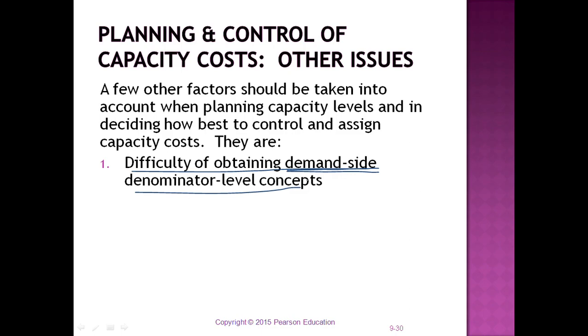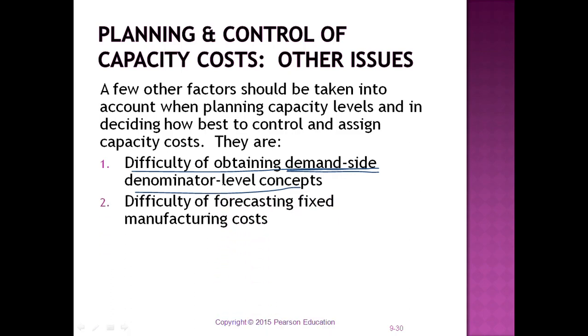So it is very difficult to obtain the demand side denominator capacity, and also it's very difficult to forecast how much is going to be the fixed manufacturing cost per unit or the total fixed manufacturing cost.